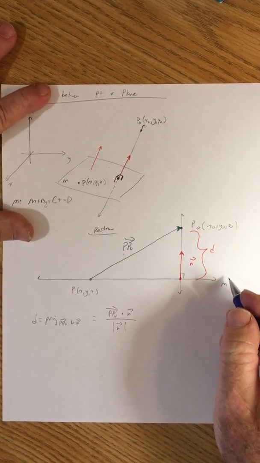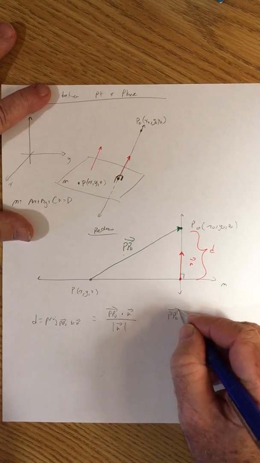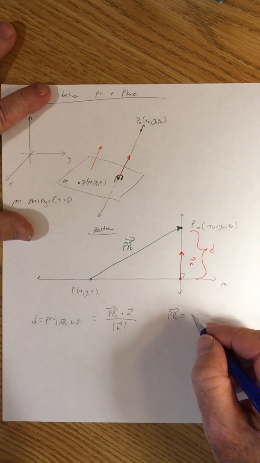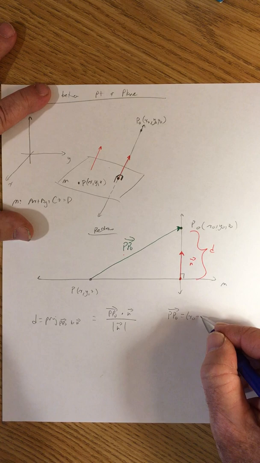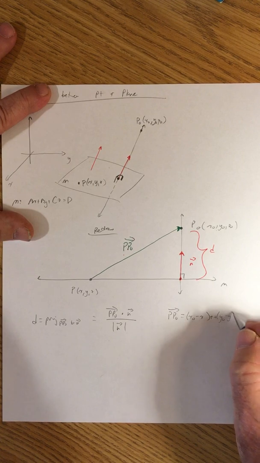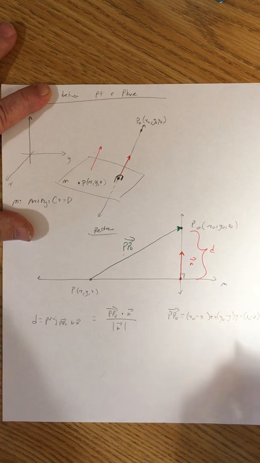Okay, now vector PP0. How do you get it? End point minus beginning point. So that is x0 minus x i, y0 minus y j, z0 minus z k.